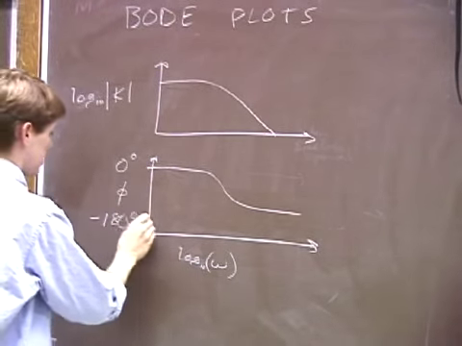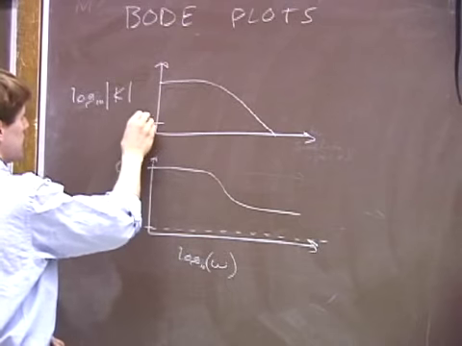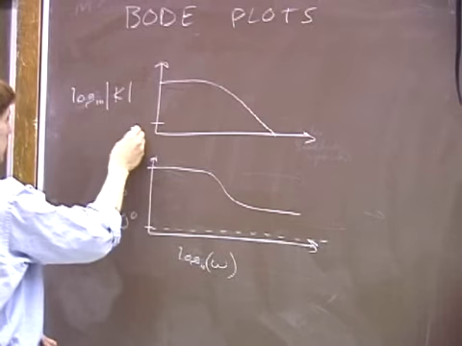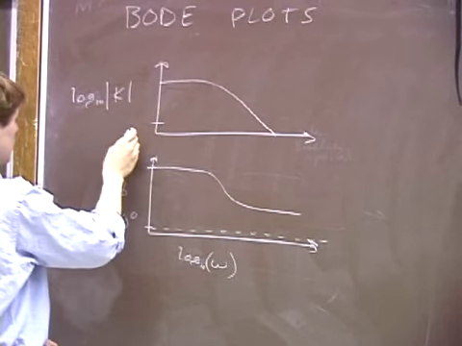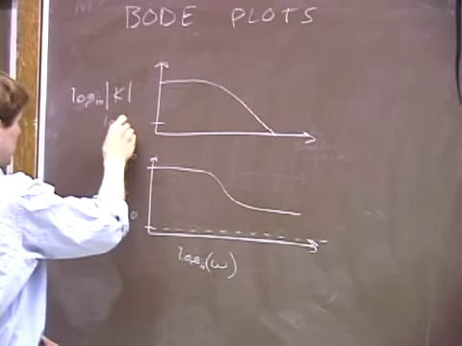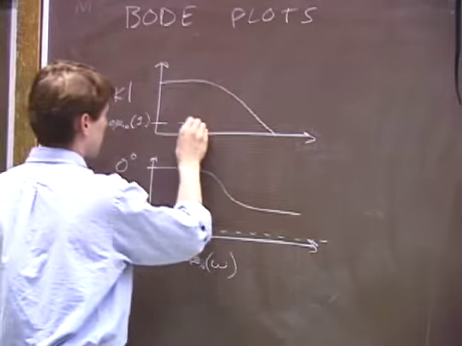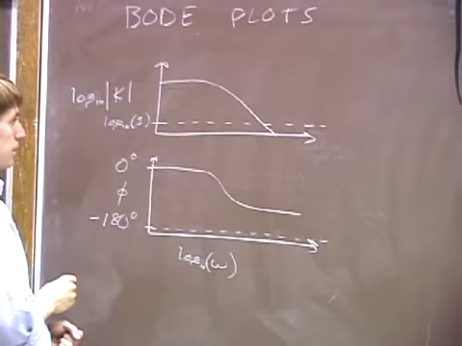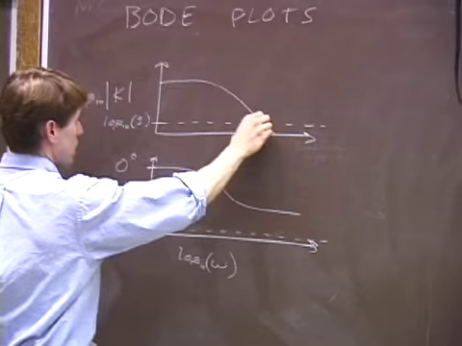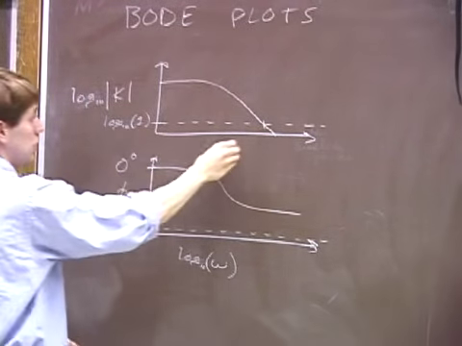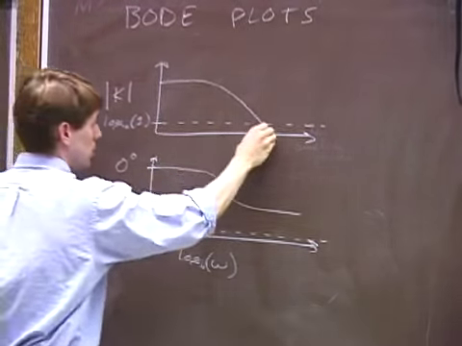This might correspond to 1, where the log of that would be 0. We'll call this log to the base 10 of 1, right, unit magnitude. Where this thing crosses the unit circle, that is where the magnitude of K is equal to 1.